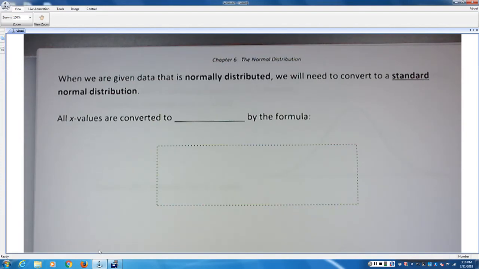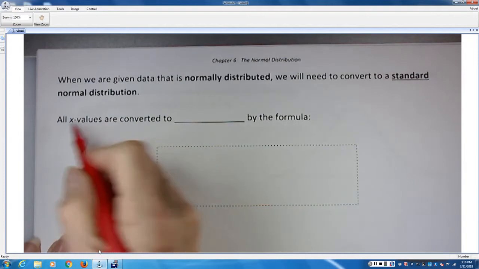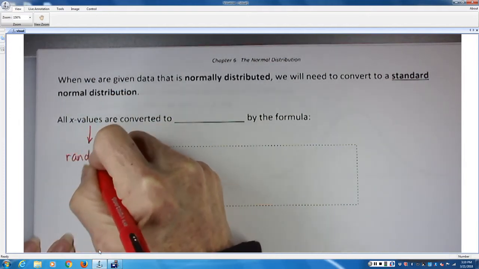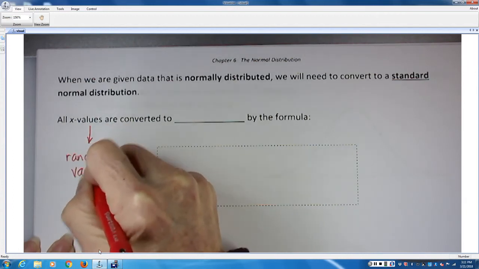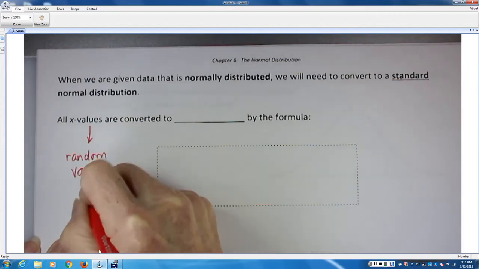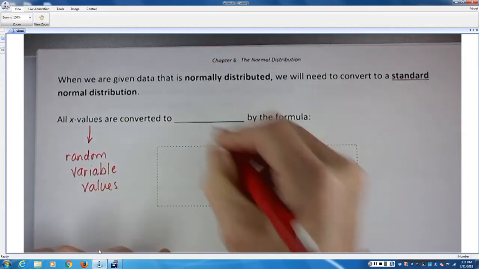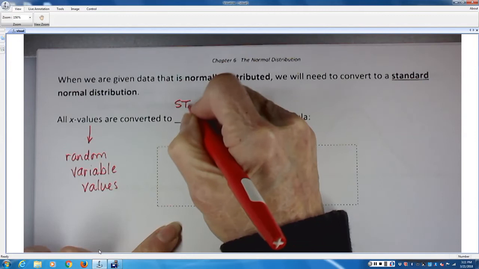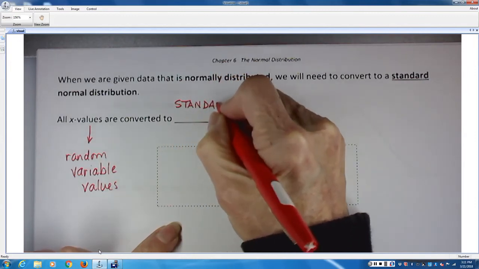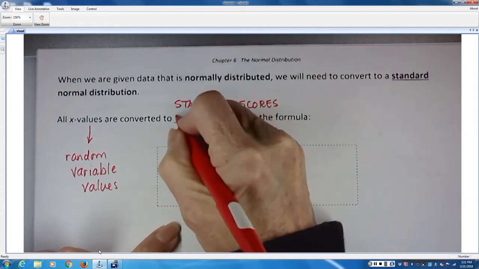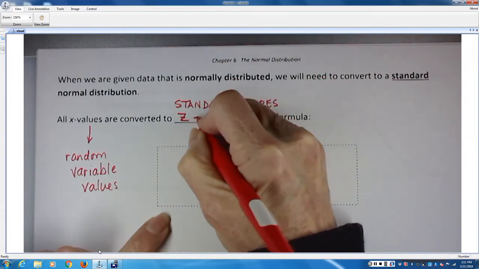So to begin, the first thing that we need to learn how to do is to convert what are called X values, or random variable values, into what we call standard scores, or most of the time we usually refer to them as z-scores.